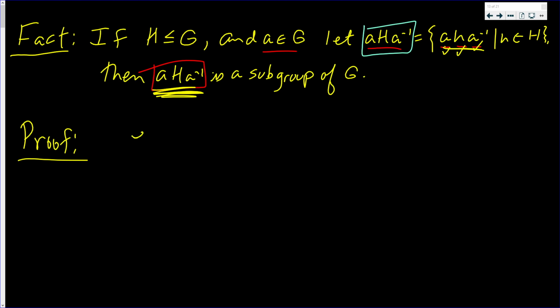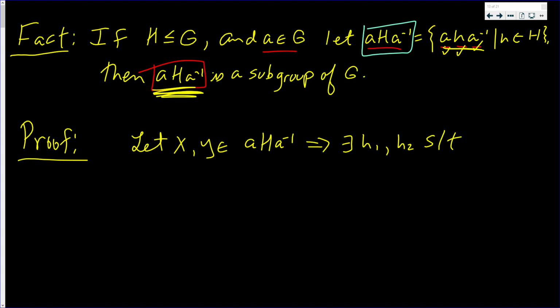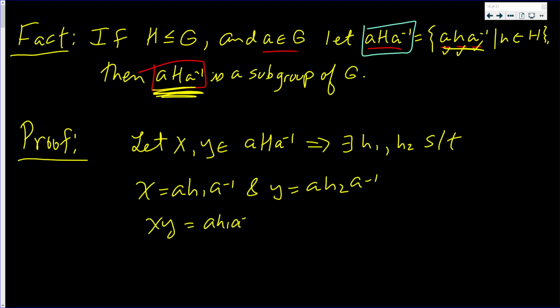Okay, so let x and y be in aHa inverse. That implies there exist h1 and h2 such that x is a h1 a inverse and y is a h2 a inverse. Now we need to show that x times y is also in there. This is another way of writing x, and this is another way of writing y.